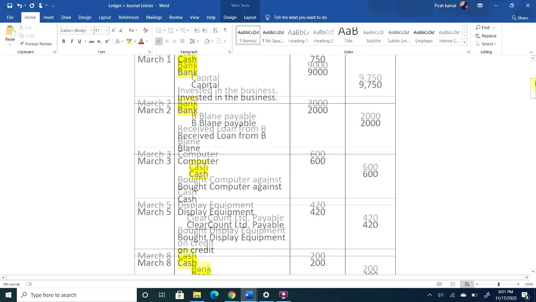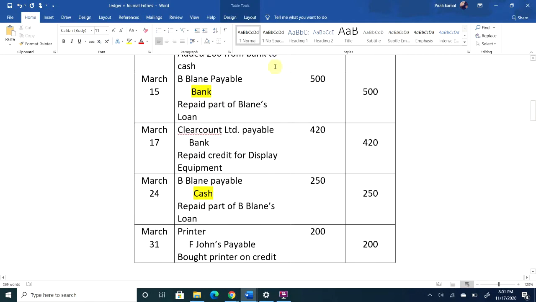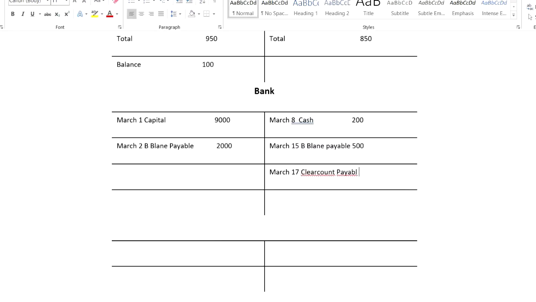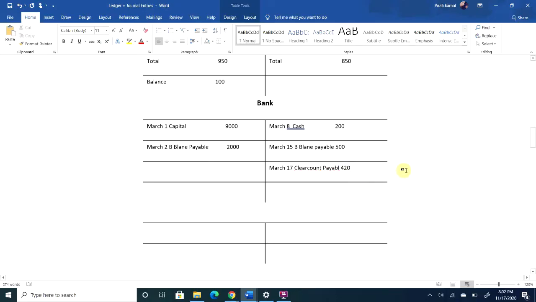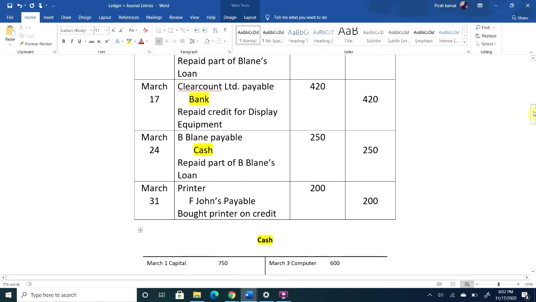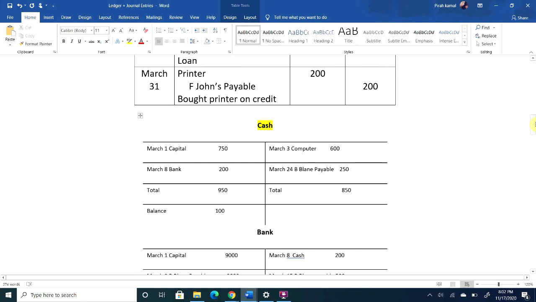Next is clear count payable. We paid 420 through bank for clear count payable. March 17, clear count. I forgot to write limited over here. But yes, March 17, clear count payable 420. Now we will go through the journal entries and see if there is any entry remaining of bank. If there is, we will write it.